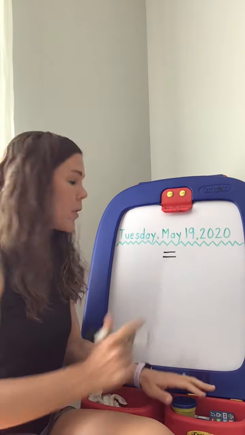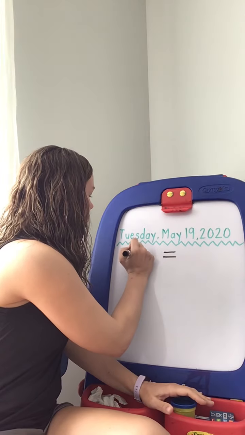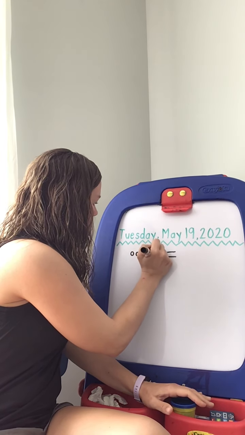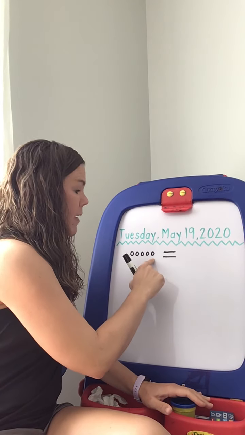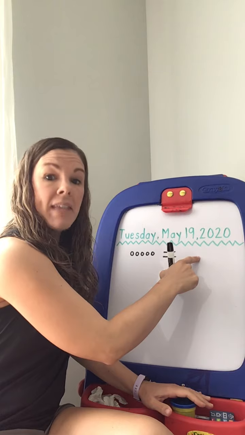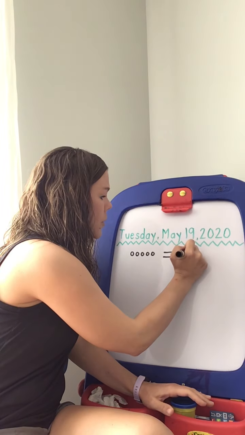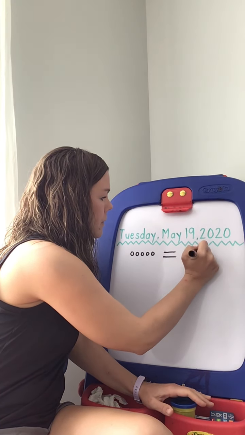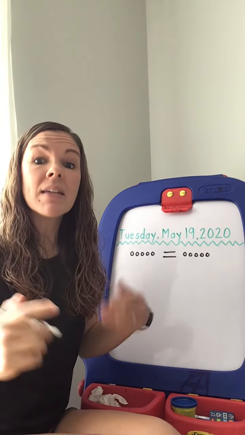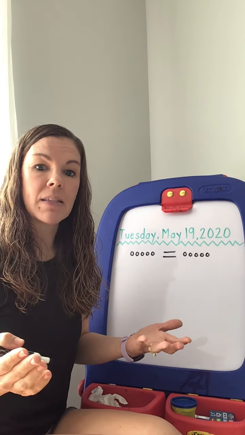So for example, if I have 5 M&Ms on this side, to make it equal or the same on this side, I would also have to have 5 M&Ms, okay?